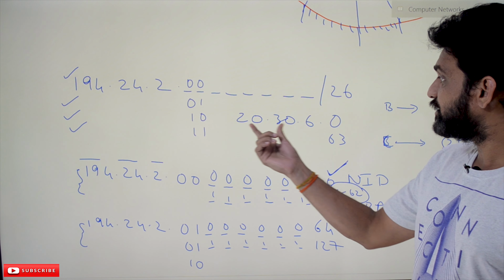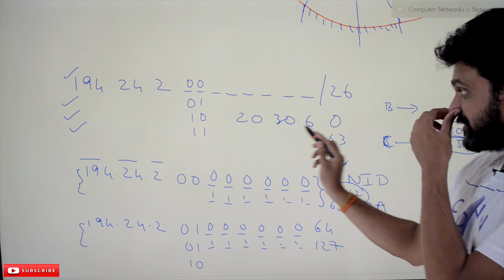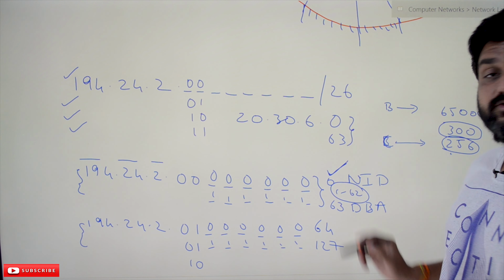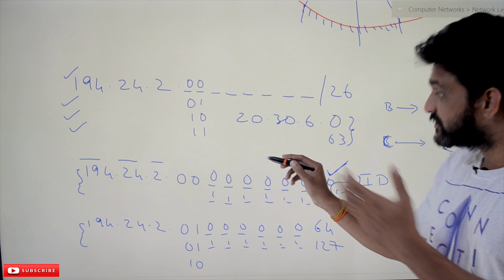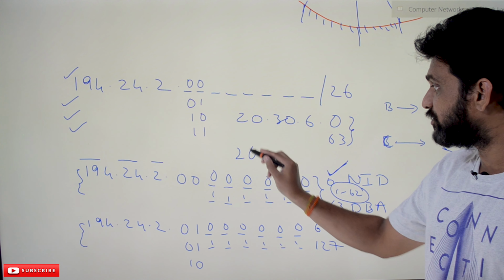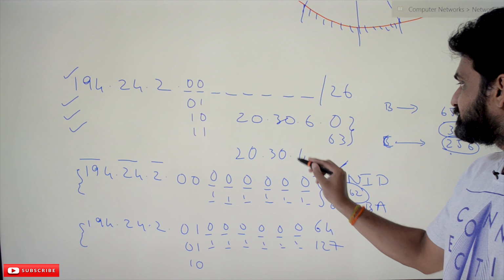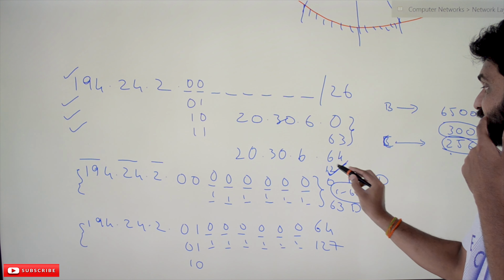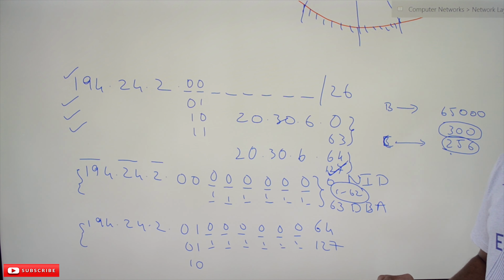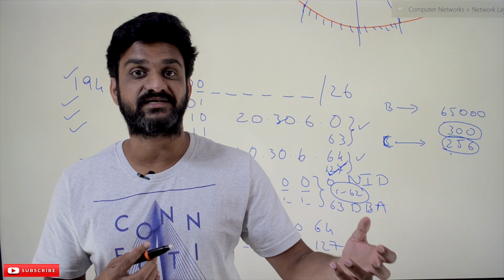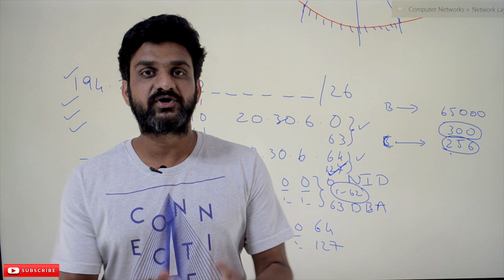So 20.30.6.0 to 63 is a possibility, and the other possibility with this piece of cake is 20.30.6.64 to 127. You may get this one or this one. So this is how classless inter-domain routing works. Hope you got the clarity on this concept.